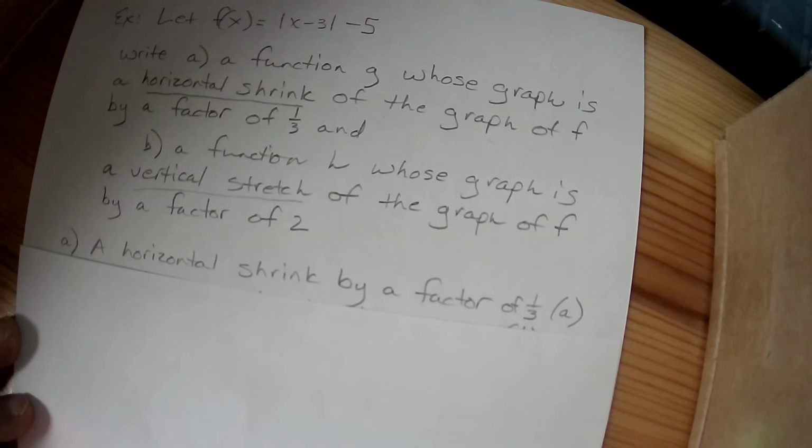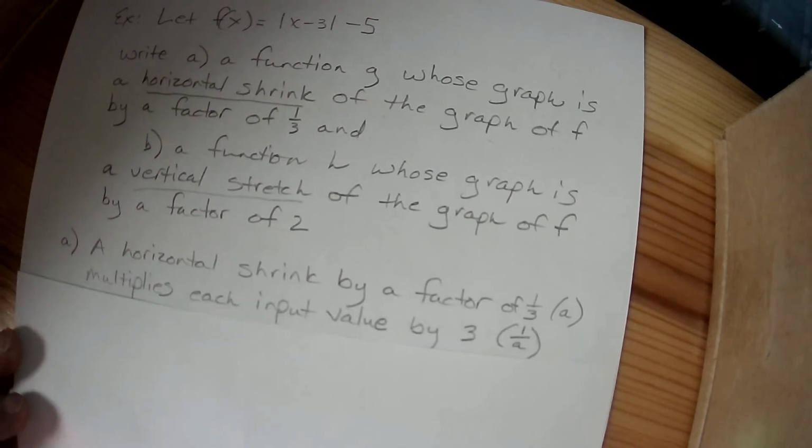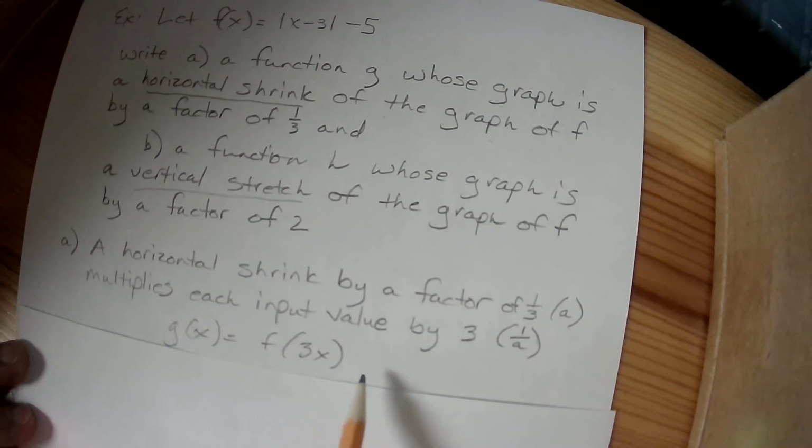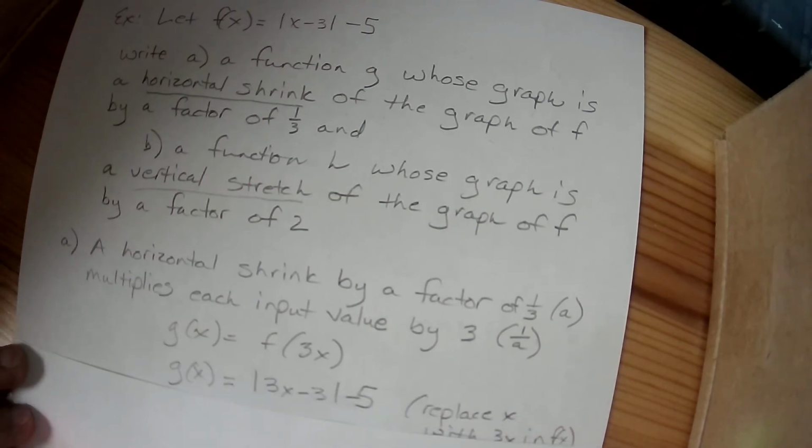So a horizontal shrink by a factor of 1/3, remember that's the a value, multiplies each input value by 1 over a, which would be 3. So g of x is equal to f of 3x. So that means wherever there's an x in f, we're going to multiply it by 3.